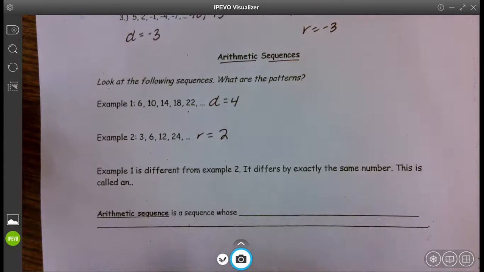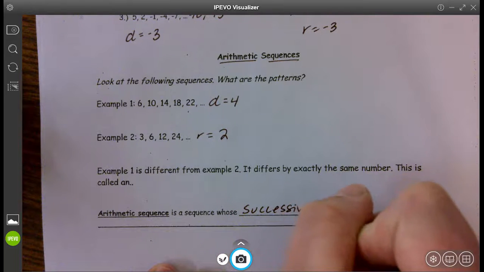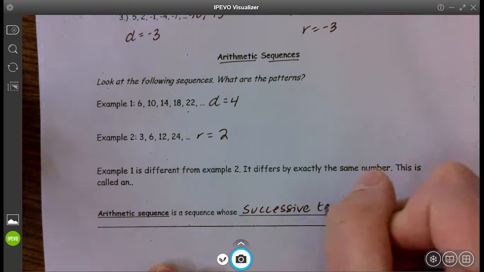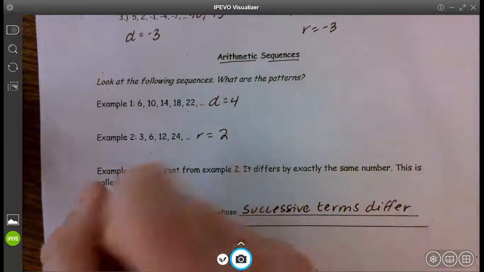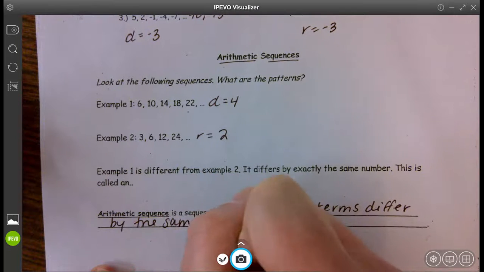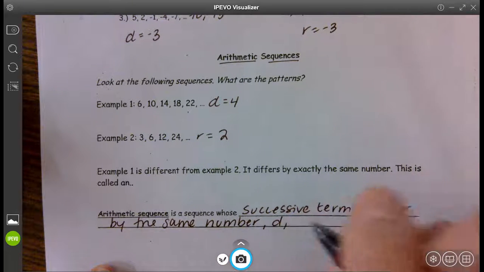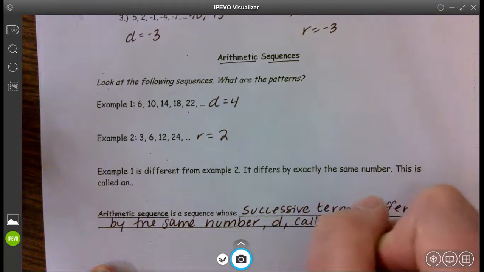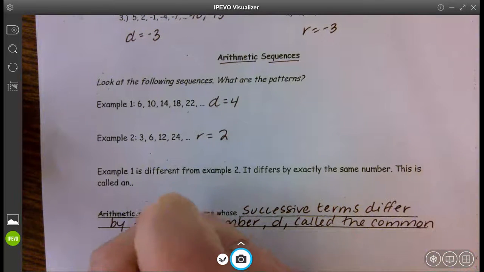An arithmetic sequence is a sequence whose successive terms differ by the same number, D, called the common difference.